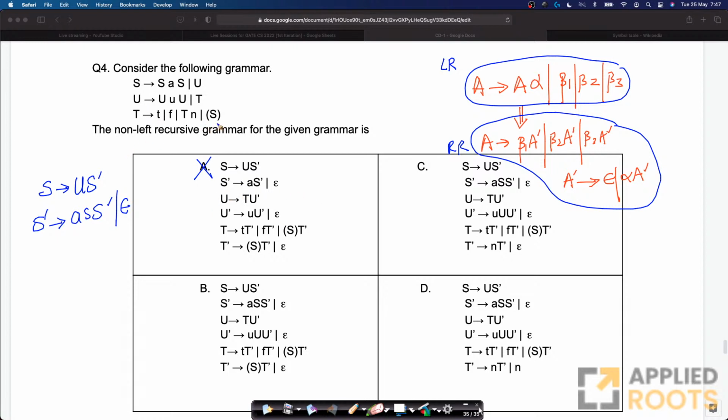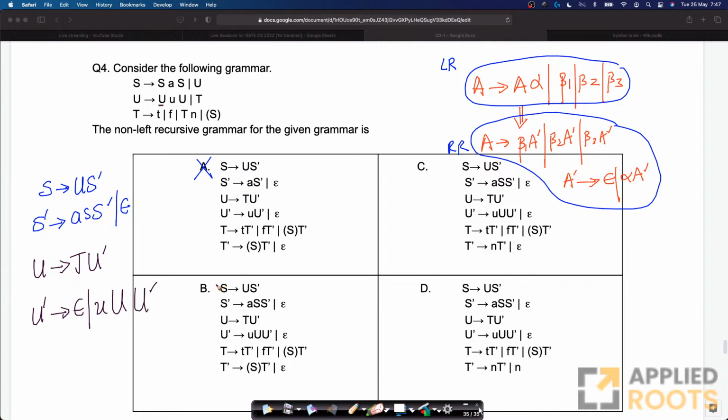Okay. Let's look at U now. So U generates, you have the recursion here. So you can say U generates, you have T here, which is like your beta. So T U dash, I'm just following these steps here, right? So it is T U dash. And what about U dash? U dash generates epsilon or lowercase u, uppercase U, U dash, right?